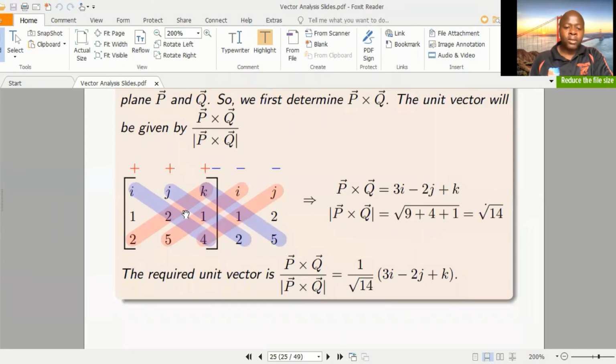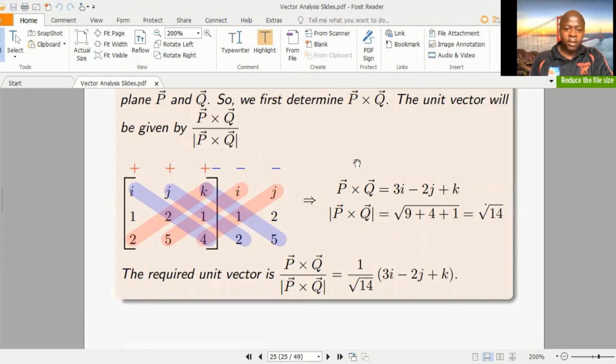And then we multiply along this diagonal as we add the result, and multiply along these other diagonals as we subtract the results. Doing that gives us that P cross Q is 3i minus 2j plus k.